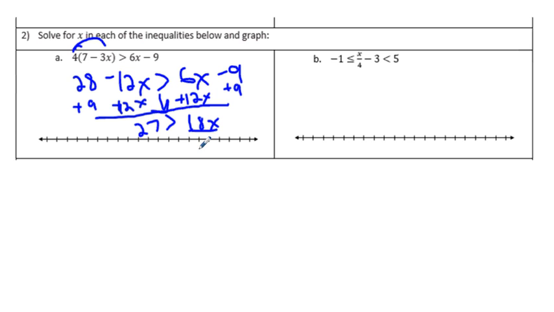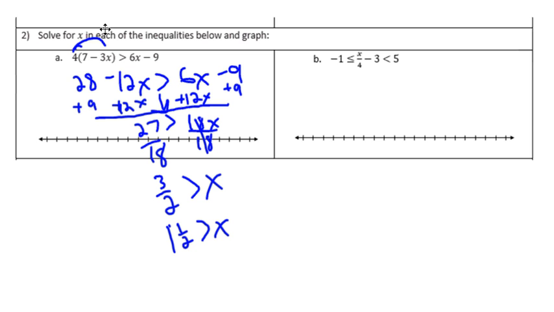So now if we divide by 18 on both sides, we're left with all real numbers less than, and again, in the last problem, we simplified 27/18 to 3 halves. So all real numbers less than 3 halves, or all real numbers less than 1.5.